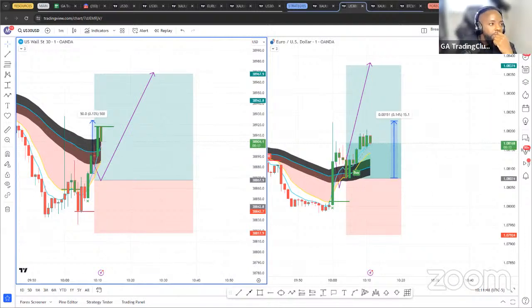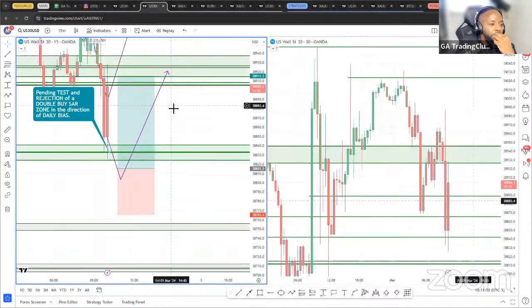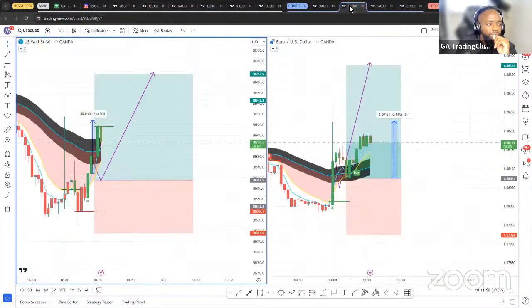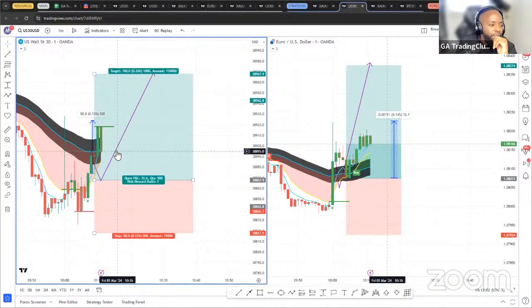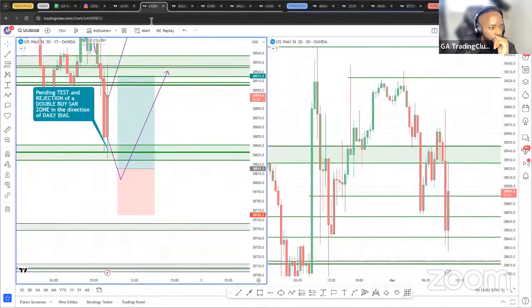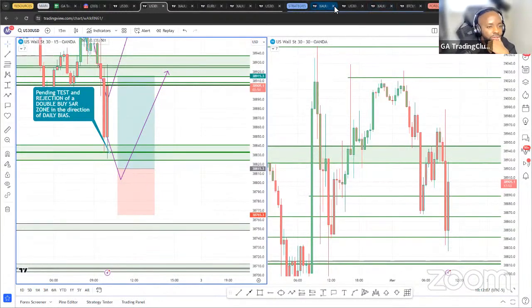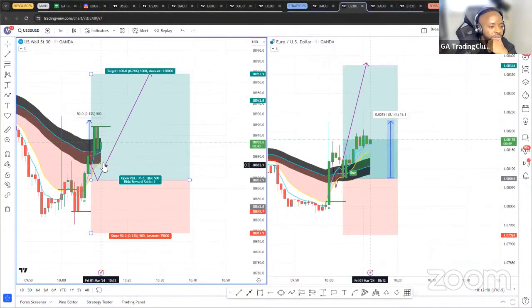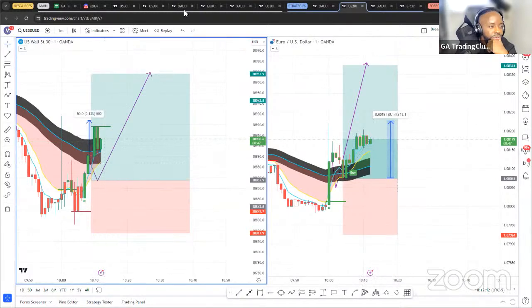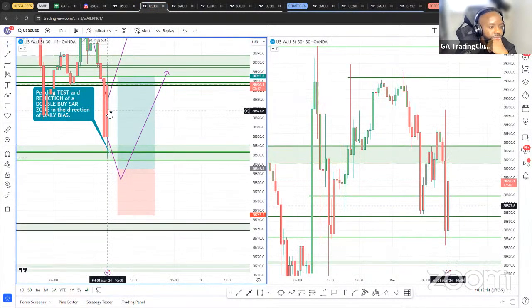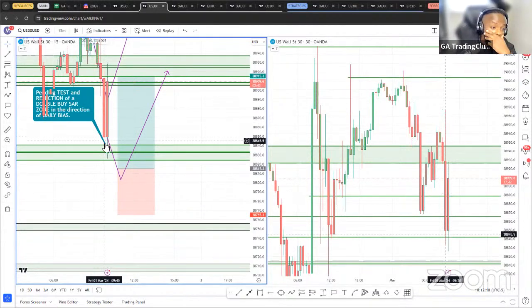Come back. Let's see how far back this is. 3 minutes. Based off of where this is, let's see, give me 1 second. 890, 895. The 9 EMA is at 884. 884 minus 50 is 834.